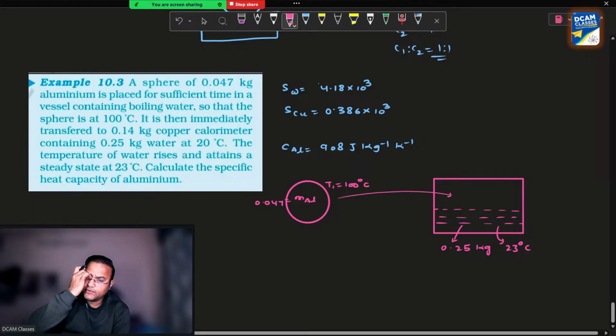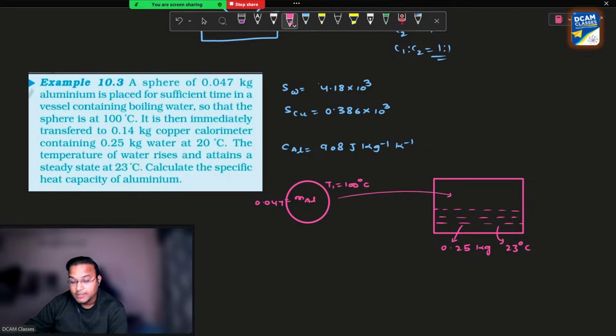So it will lose some temperature. No, the water was at 20 degrees Celsius. The temperature of water rises and attains a steady state at 23 degrees Celsius. Copper is 0.14 kg.